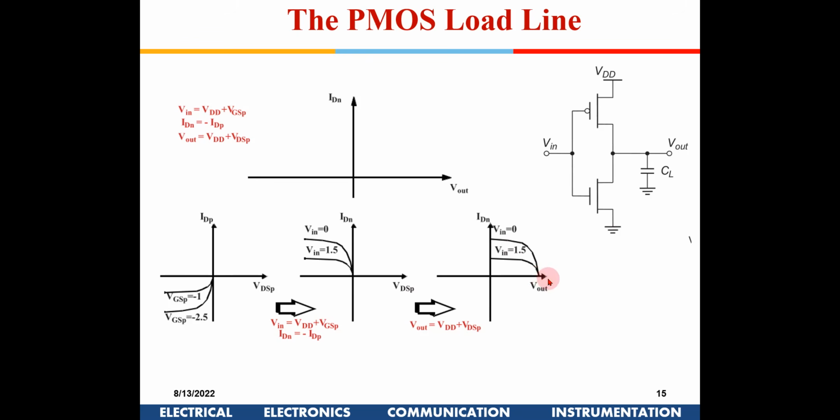When V out is equal to VDD, the current will be 0, because VDS is equal to 0 in that particular case. And as the V out reduces, the current goes high. Also for V in equal to 0, this is the topmost curve. And as V in increases, this curve comes down. So the PMOS curve is like this.